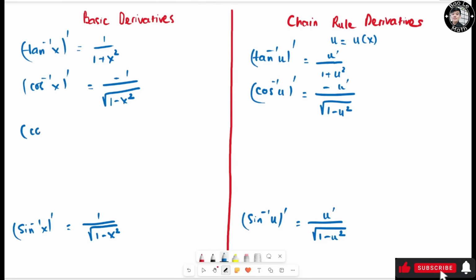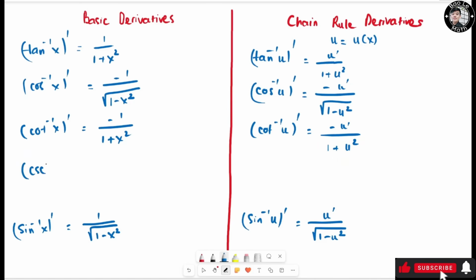The derivative of inverse cotangent s equals negative 1 over 1 plus s squared. The derivative of inverse cotangent u equals negative u prime over 1 plus u squared. The derivative of inverse cosecant s is negative 1 over s times the square root of s squared minus 1.